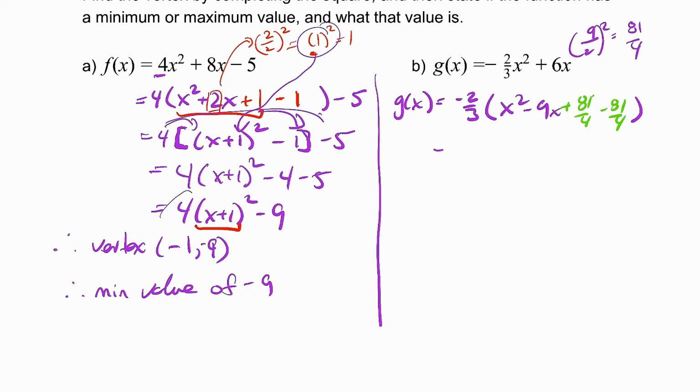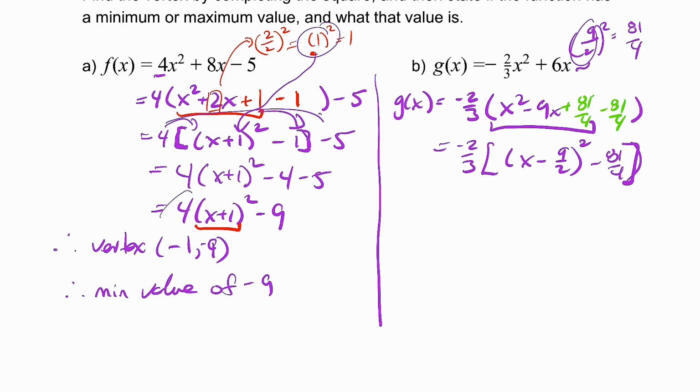And here, this trinomial, we know the reason why we add 81 over 4 is that we know this is going to factor to x minus 9 over 2, which is why I wrote that down as a visual to help me remember what that value is going to be, and then minus 81 over 4. Then distribute the negative 2/3.